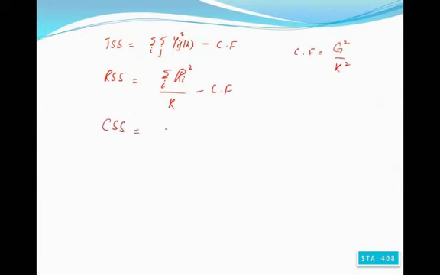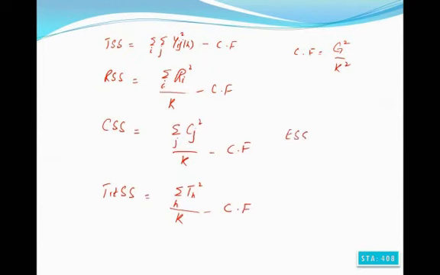Column sum of squares: summation Cj squared over k minus correction factor. Treatment or fertilizers sum of squares is summation Th squared over k minus correction factor. Finally, error sum of squares is TSS minus RSS minus CSS minus treatment sum of squares.